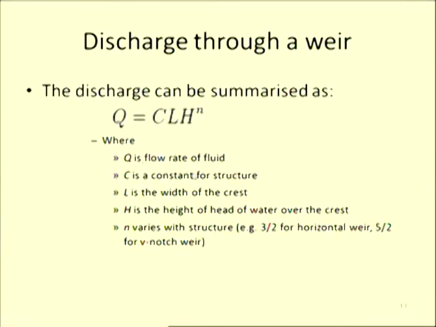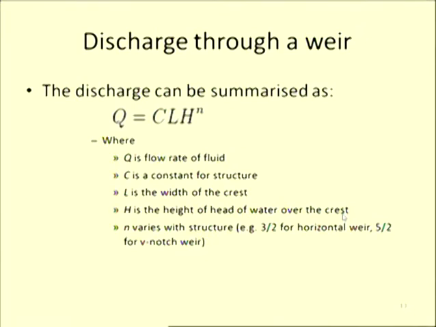Q is the flow rate of the fluid, that is water flowing through the channel. C is a constant for the structure. Different structures and different shapes of the structure would have different values here. Then L is the width of the crest. At the crest, how much is the width? L is not the length of the weir, but it's the width, and H is the height of the head of water over the crest, not from the bottom of the channel but over the crest.